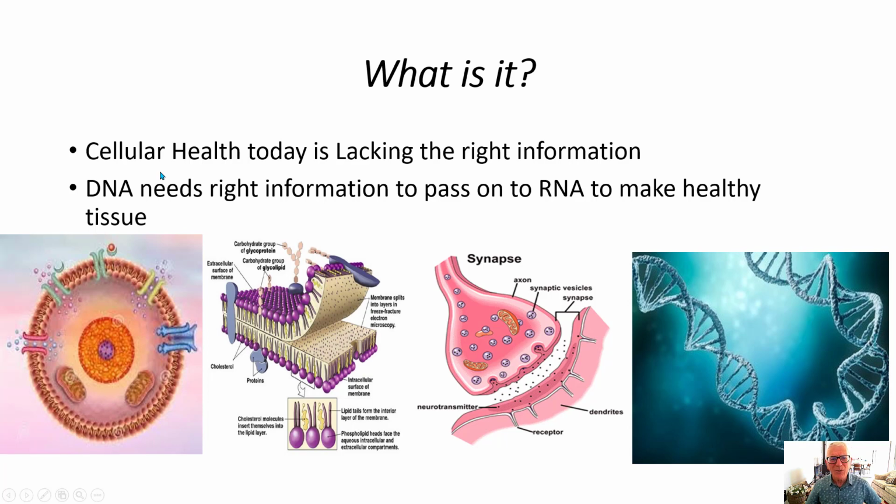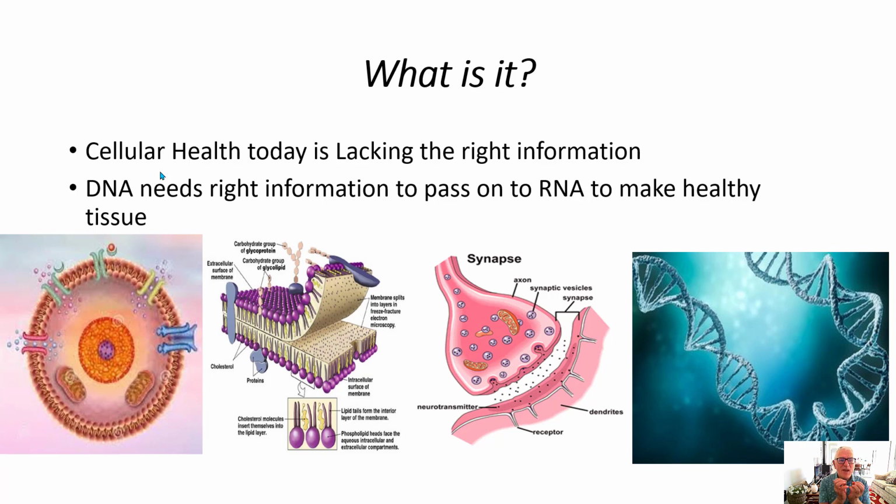Now, how do we get information? First of all, you've got the cell. This picture on your left, a round circle, you've got the beautiful cell membrane, which is 90% fat, and you've got proteins and glycoproteins or glyconutrients.